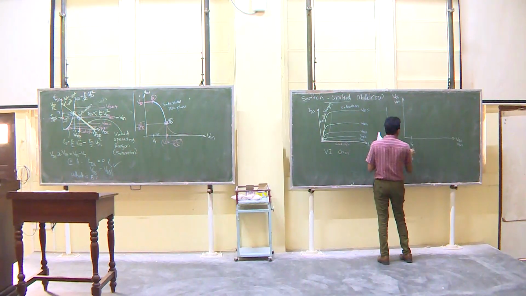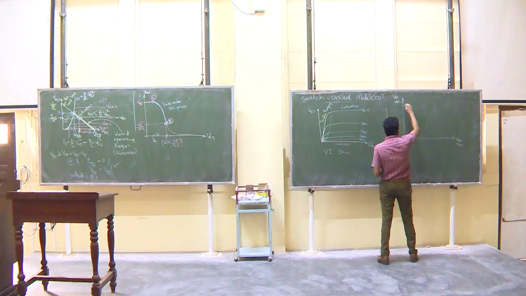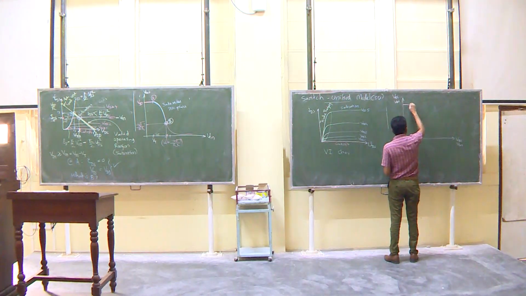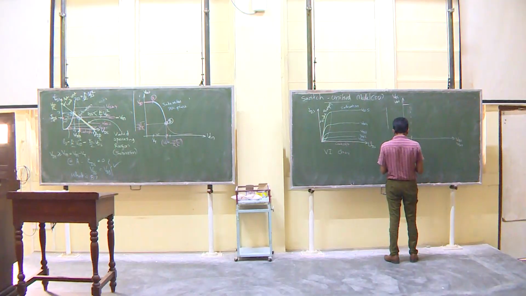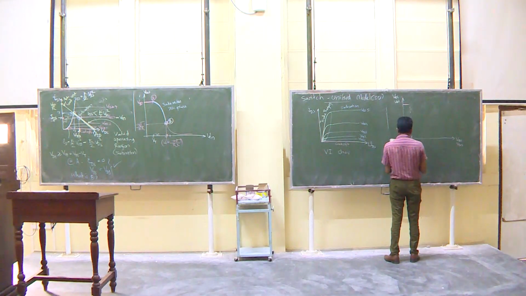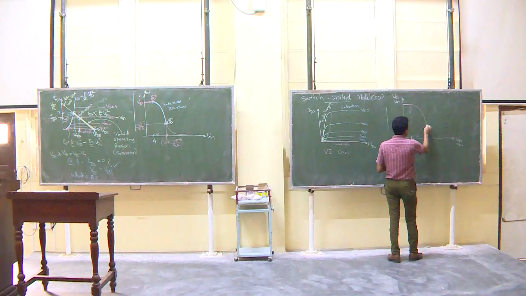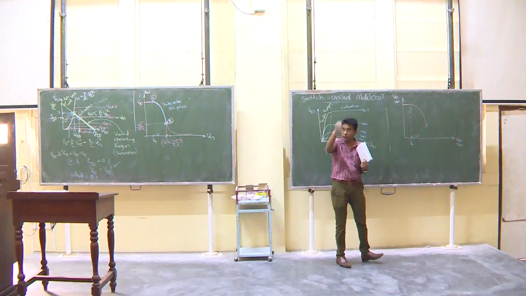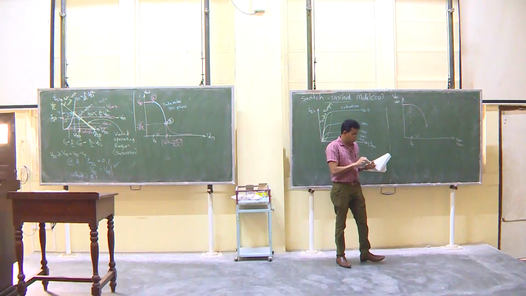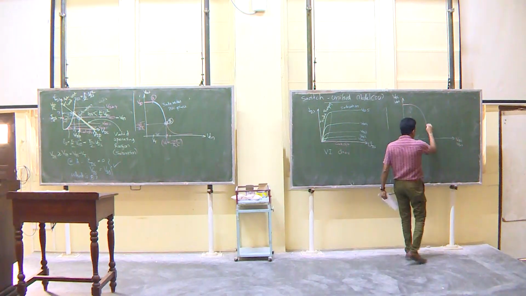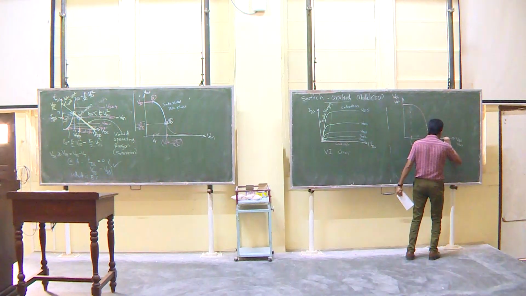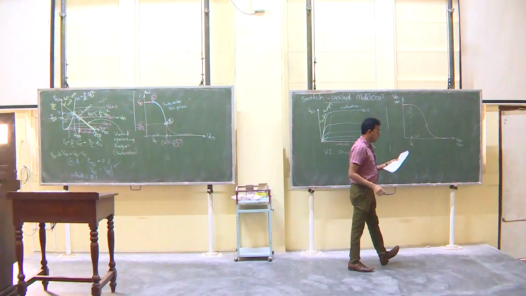We know up to Vt it behaves similarly, and up to this is the quadratic relationship, and then from there onwards it becomes like that.